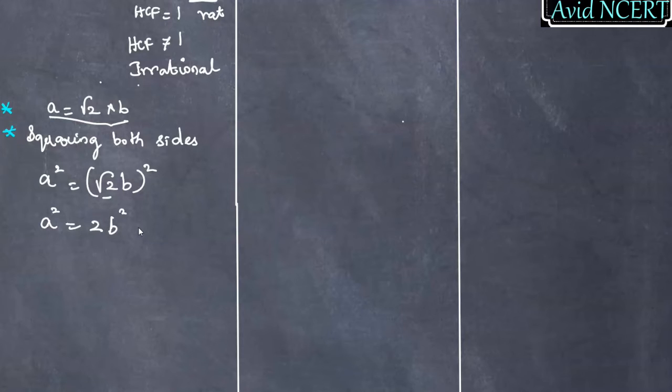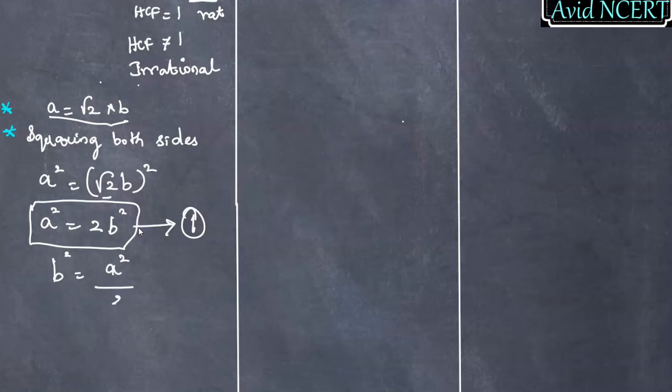So this is the value we have got for a square. This is the first equation. Now from this we can find b square. So b square equals a square by 2. This 2 goes down here. So b square equals a square by 2.